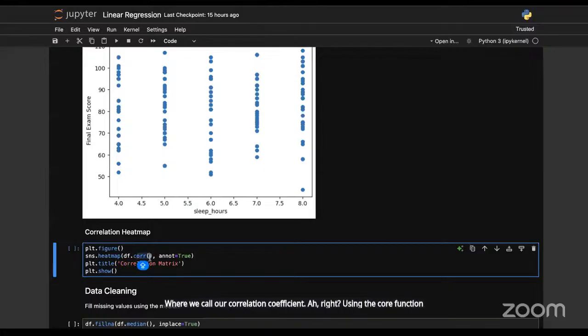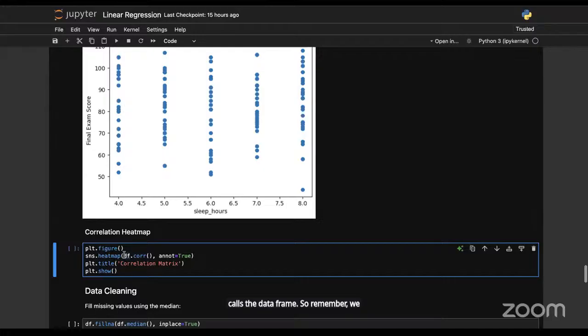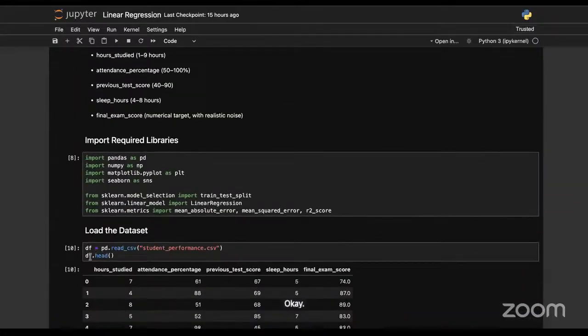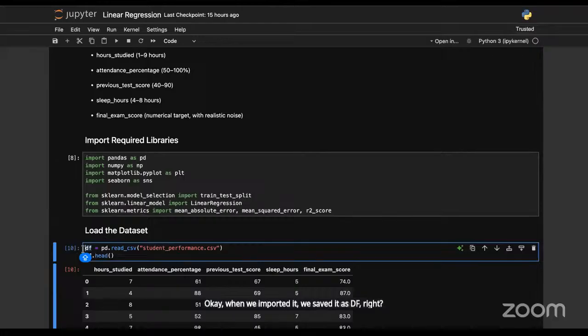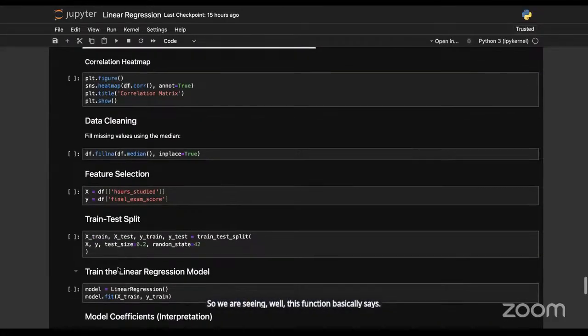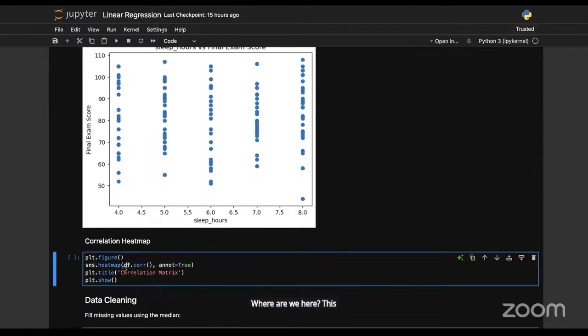So this here calls the data frame. Remember, we saved this data as df when we imported it. This function basically says, from this data frame, for each variable, draw up a correlation coefficient.